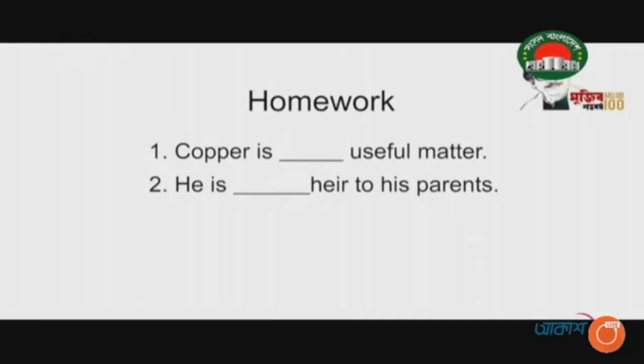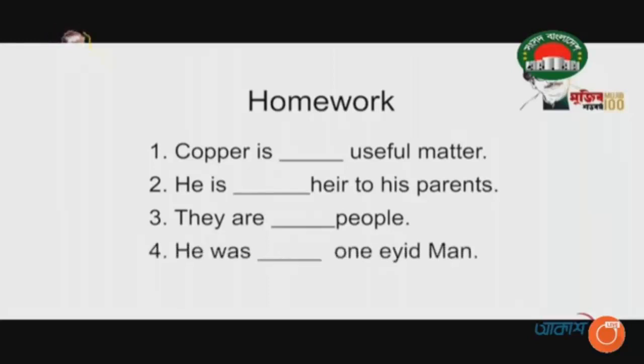Number 3, they are dash people. Number 4, he was dash one-eyed man. And number 5, he has dash BA degree.